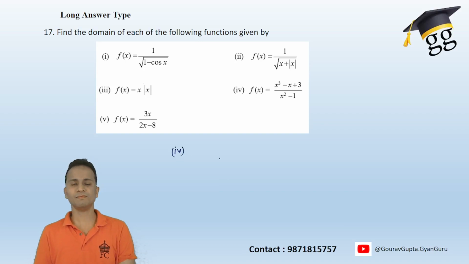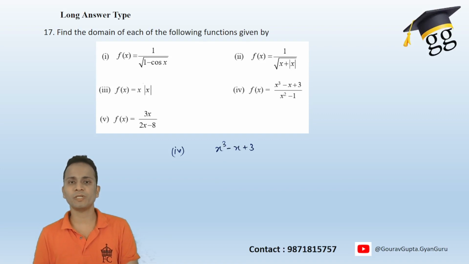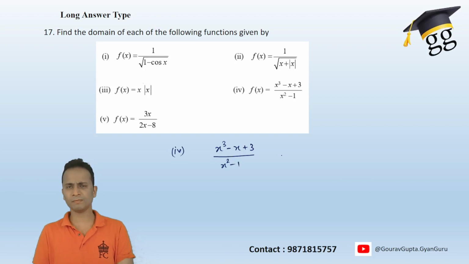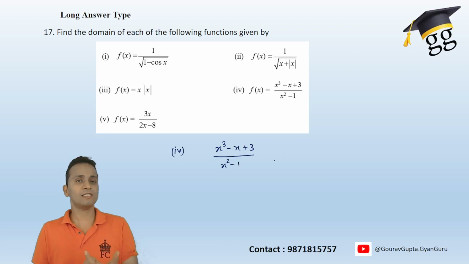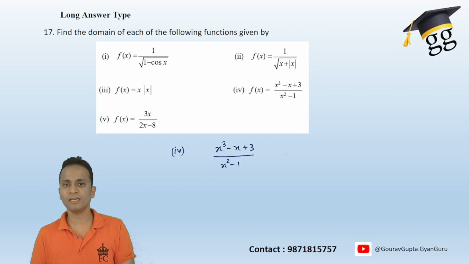Part number 4 is easy. It has a denominator, right? So x cube minus x plus 3 divided by x square minus 1. So we can say that this is a rational function and it will be defined if the denominator is not equal to 0. So that means x square minus 1 should not be equal to 0.